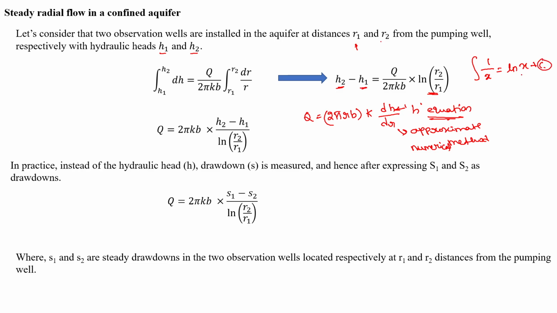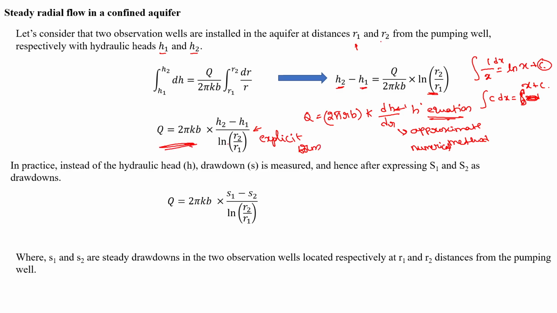Here we can neglect the constant, since the arbitrary constant on both sides can be cancelled. Okay, so from this we have got this particular equation in explicit form.